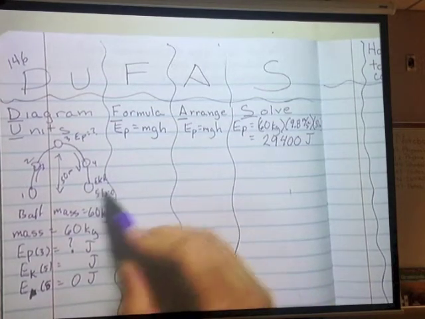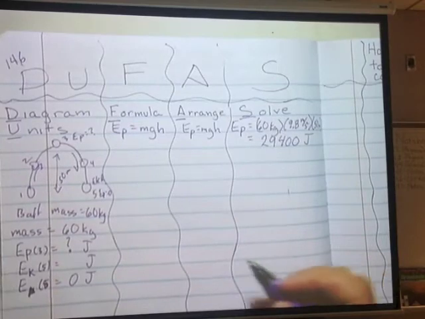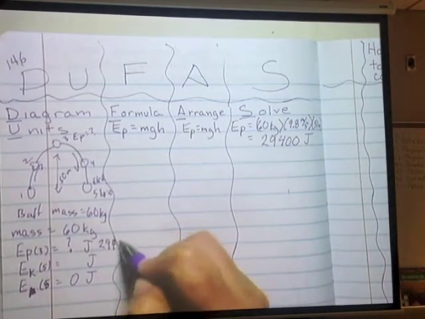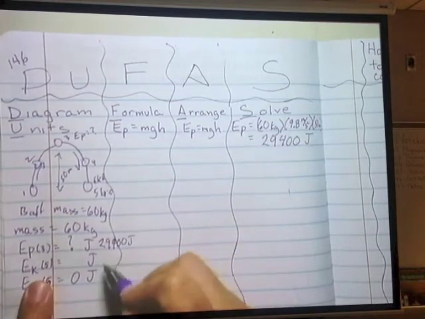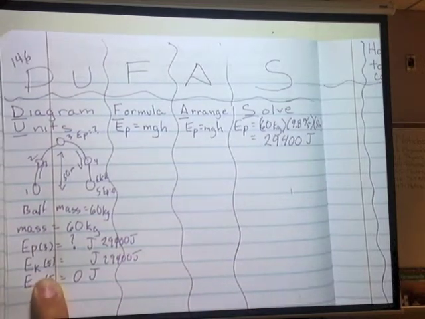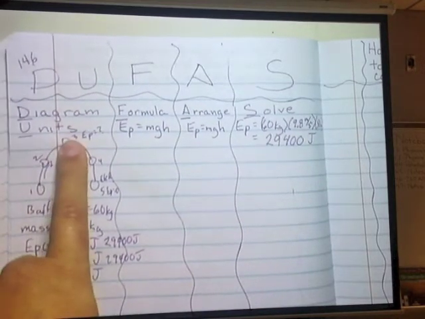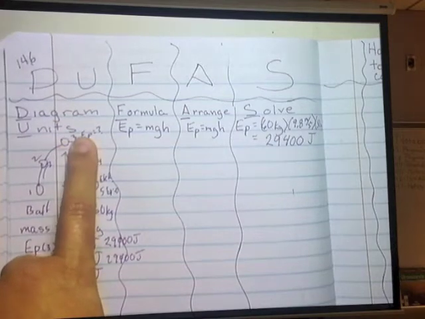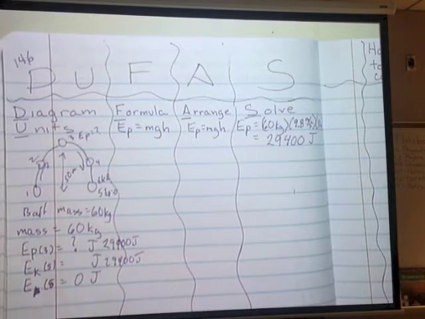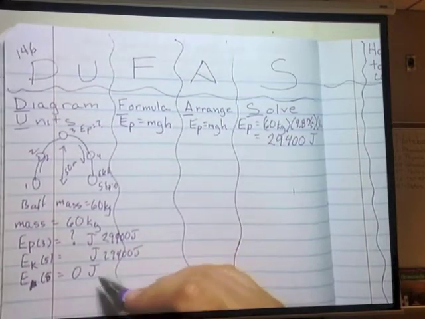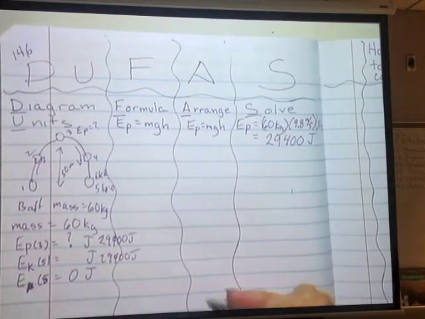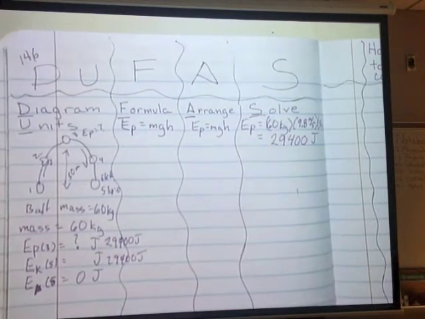So if I know that, then because of the law of conservation of energy, I also know the kinetic energy at the bottom. Since it's 29,400 joules at the top of potential energy, meaning zero kinetic energy, at the bottom you would have 29,400 joules of kinetic energy with zero potential at the bottom. So just with that formula, I was able to find both of my answers to that question.